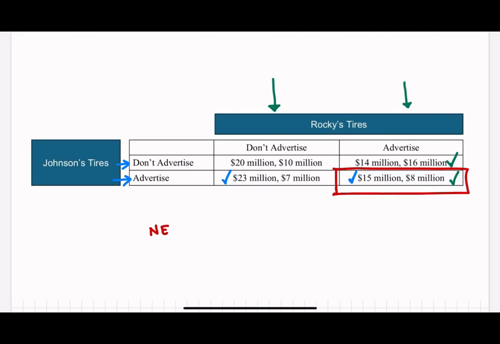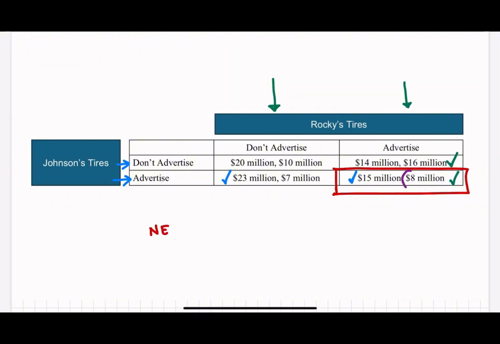And in that box, neither firm has an incentive to deviate. So let's look to see what would happen. If Johnson makes $15 million and Rocky's going to advertise, if Johnson decides to deviate and to not advertise, they would actually lose $1 million, so they're not going to deviate.